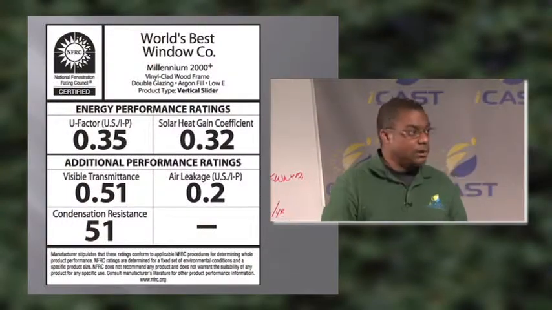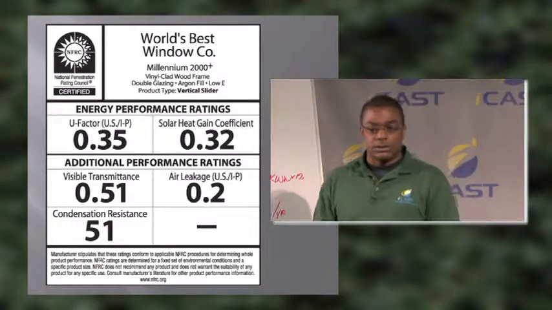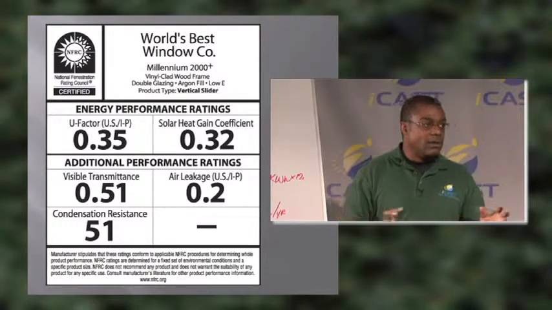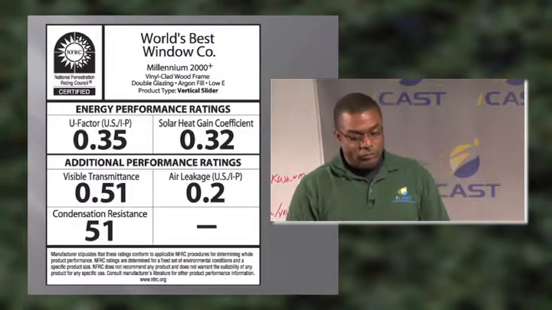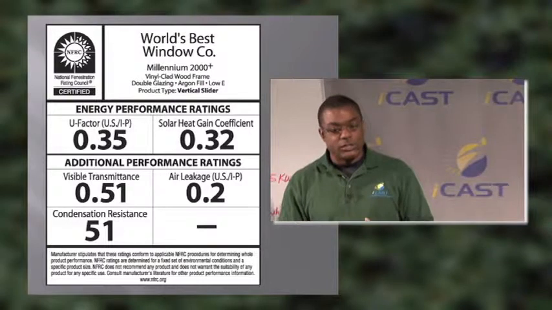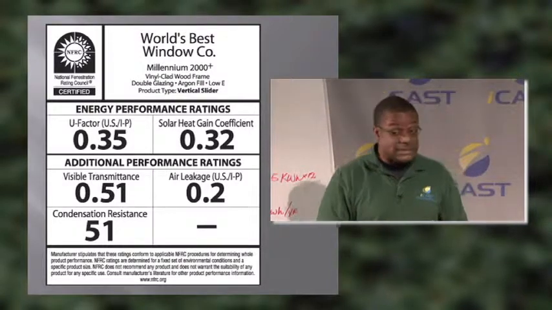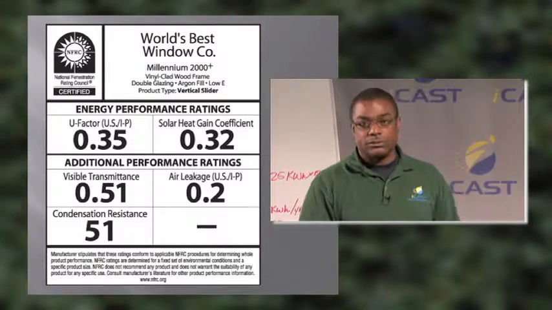When you look at a window, you're going to find one of these window stickers. And on that window sticker, you're going to have 5 pieces of information: U factor, solar heat gain coefficient, visible transmittance, air leakage, and condensation resistance.